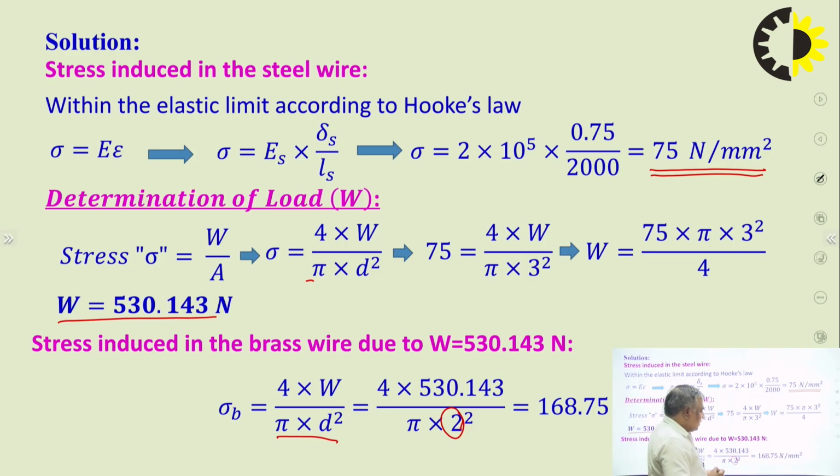So the stress induced in the brass wire is 168.75 Newton per mm square. Now we need to determine the strain in the brass wire. If it is known, then since sigma is equal to E epsilon, E can be easily found as sigma upon epsilon.